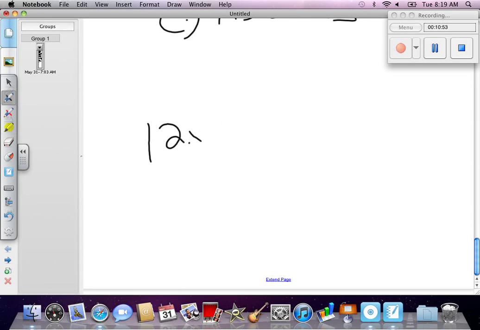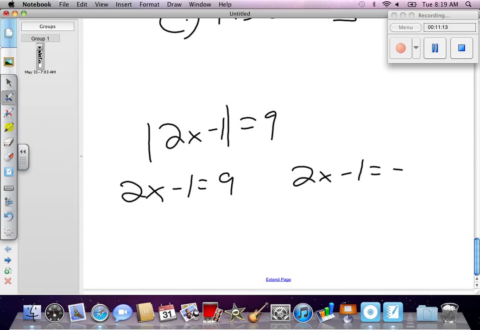Shannon, for number 9, I've got 2x minus 1 absolute value equals 9. How would you solve that problem, Shannon? You could add 1. The first thing I would do is split it up, because you have 2x minus 1 equals 9. What is the other thing that it could have equaled? Negative 9. So we've got 2x minus 1 equals negative 9.